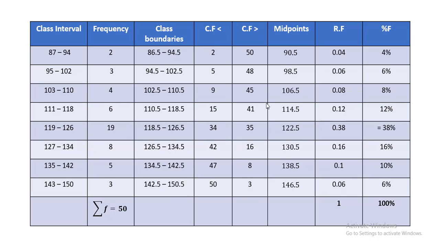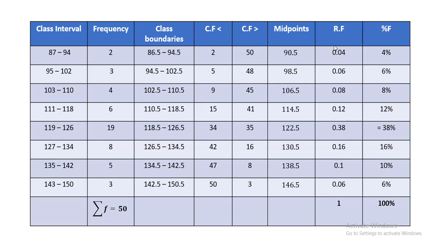This is my CF less than column, and this is my CF more than column. For midpoints, we add these two interval values and divide by 2, so that we get the midpoints of all the classes.